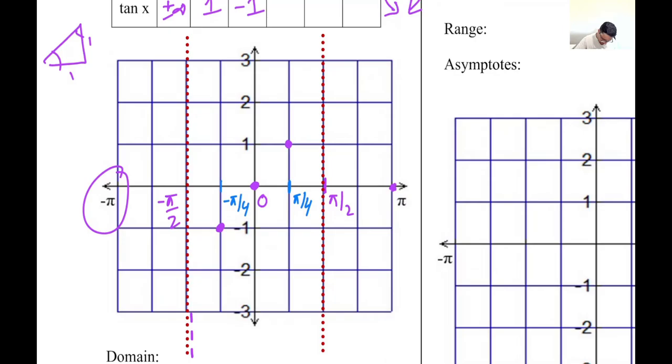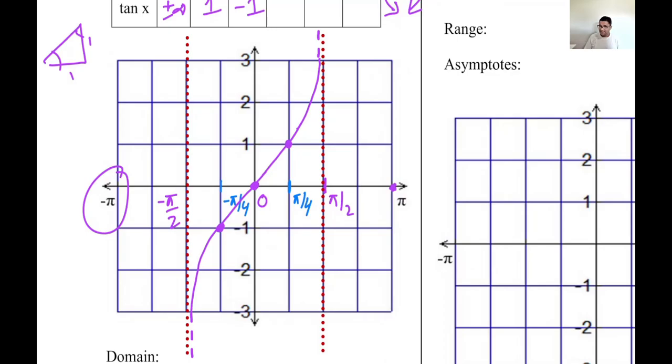It will be asymptotic here, and smoothly go up and be asymptotic there again. This will be like one basic, what we call a cycle.